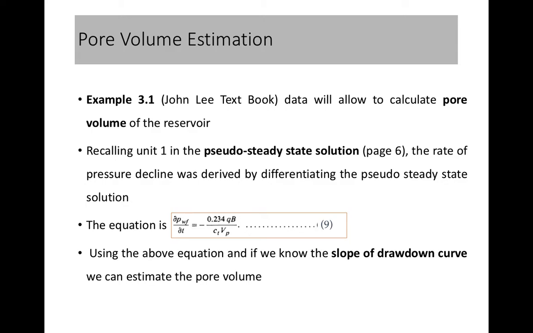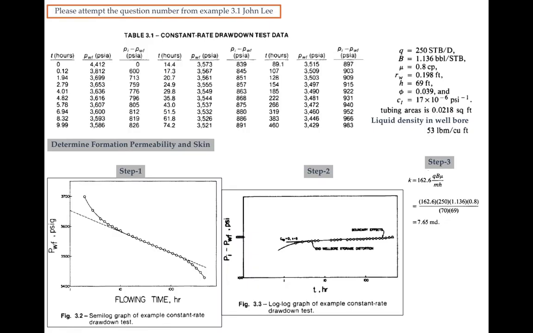So from this equation, if we can evaluate the slope of the data in the region, particularly the middle time region, this data will allow you to estimate the VP, that is the pore volume of the reservoir, and it is very useful, right? Okay. So as I recommended, please do the example 3.1 from John Lee.